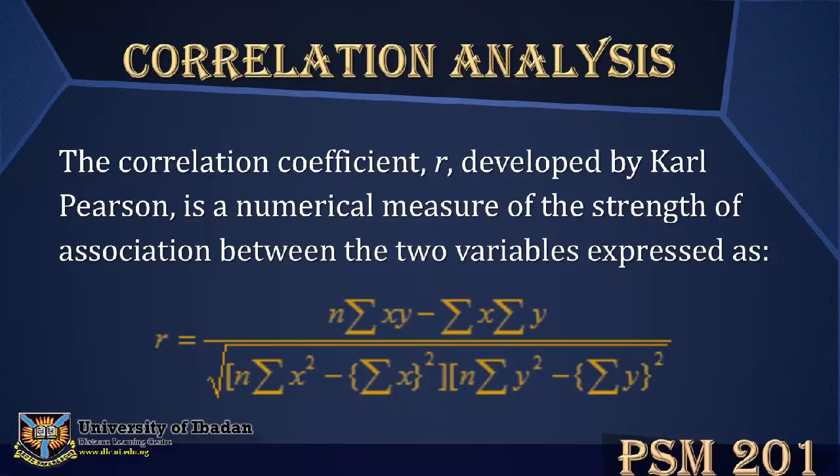The correlation coefficient, R, developed by Carl Pearson, is a numerical measure of the strength of association between the two variables expressed as R is equal to n summation xy minus summation x summation y over square root of [n summation x squared minus (summation x) squared] into [n summation y squared minus (summation y) squared].